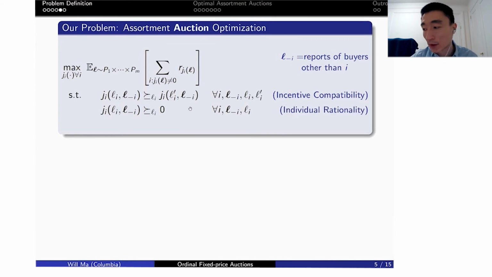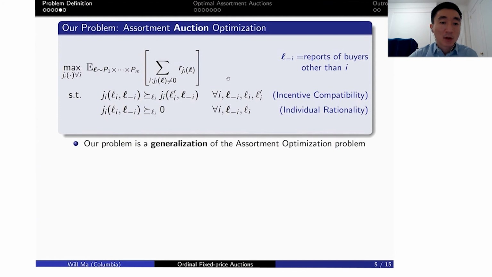Similarly, individual rationality says that whatever item I get through truthfully reporting Li, I prefer over the no purchase option. In other words, the mechanism can't force any buyer into purchasing a product that they rank below the no purchase option. And this has to hold true under all possibilities for L minus i of what the other buyers do. This is the stronger dominant strategy truthfulness.